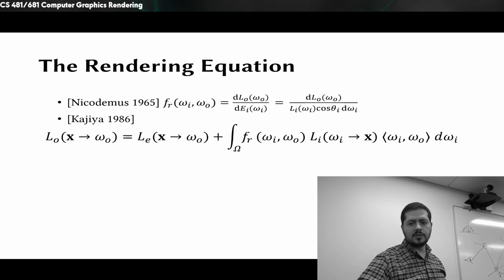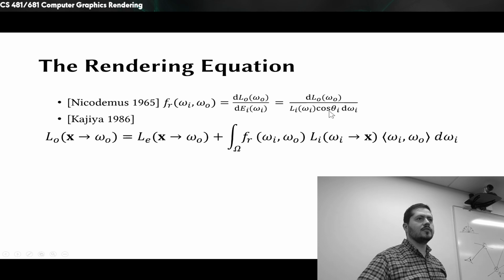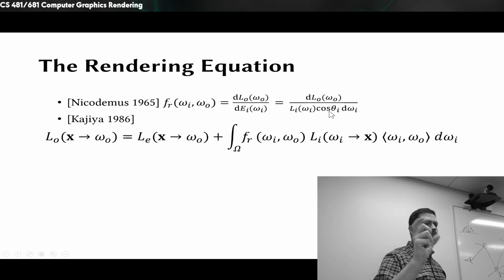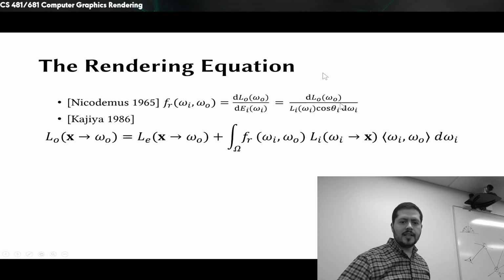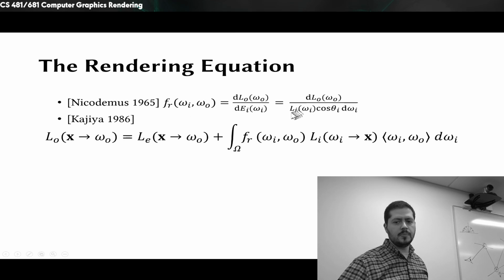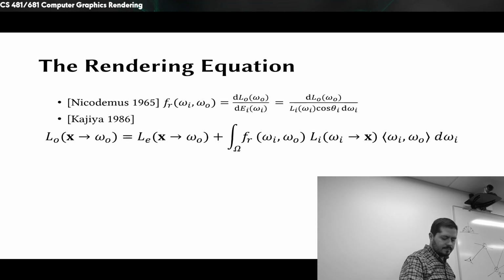And you have cosine theta, which represents the proportion of light that can even be reflected in the first place. We took a look at that. That's the cosine. So this reflectance is a function that states how much light coming in from the direction omega I is even capable of leaving in omega O.